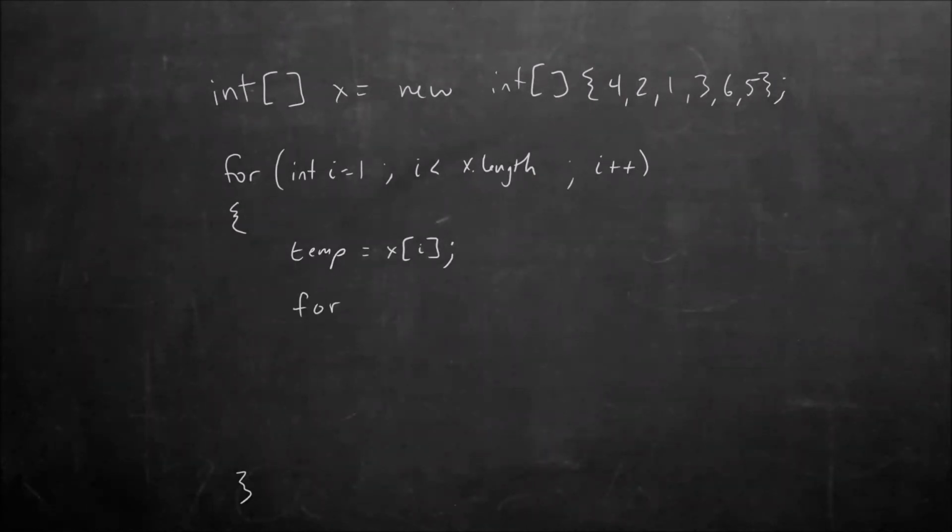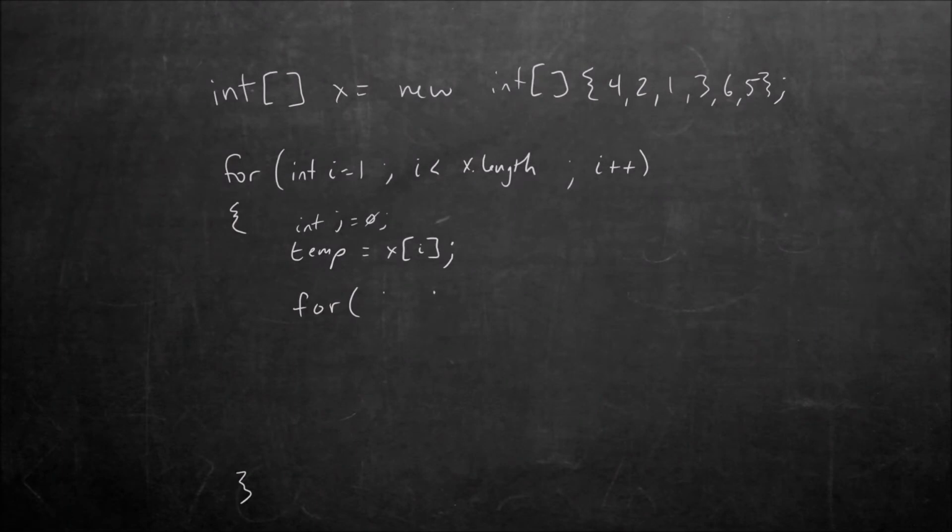So as we pick each item to be sorted, we need to loop back through the array, searching for items that are smaller than our temp value. So we'll create a new variable, j, and assign it to i minus 1.